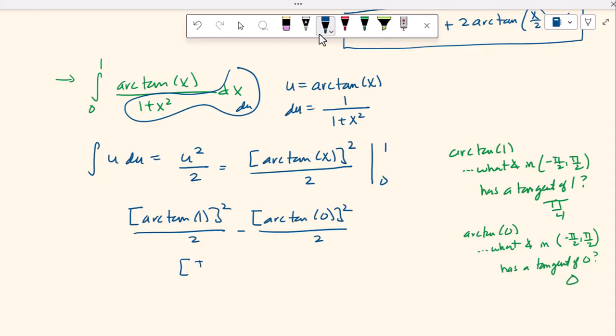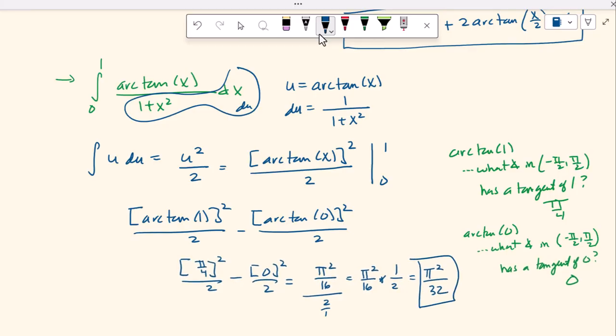So this would be pi over 4 quantity squared over 2 minus 0 squared over 2. So this is pi squared over 16 all over 2, and I could rewrite that as over 2 over 1. And I'll multiply that by 1/2, so I get pi squared over 32 here.